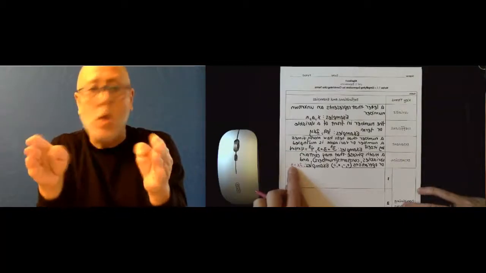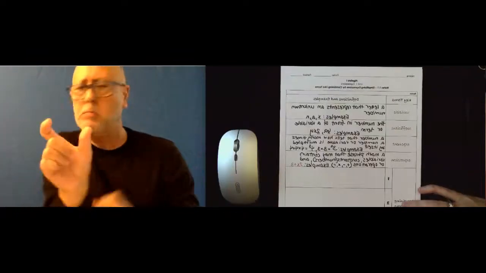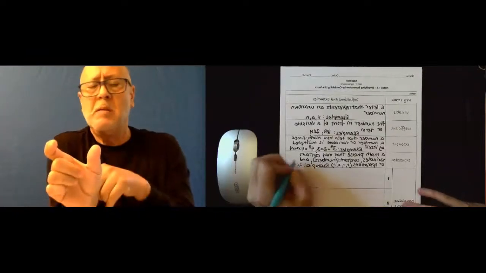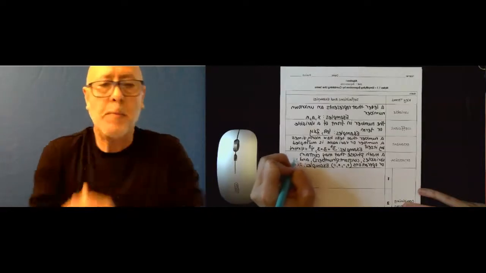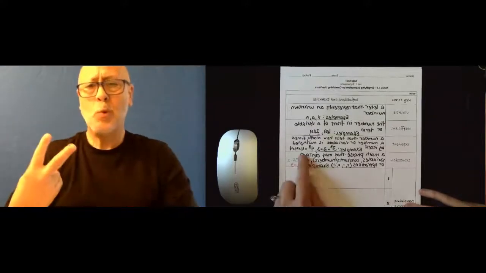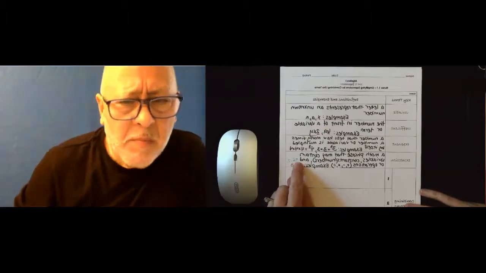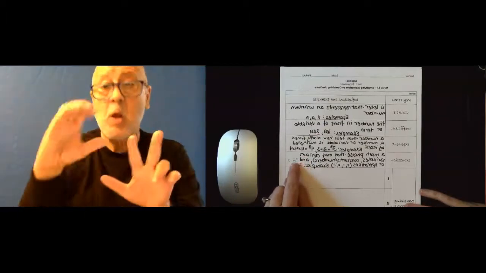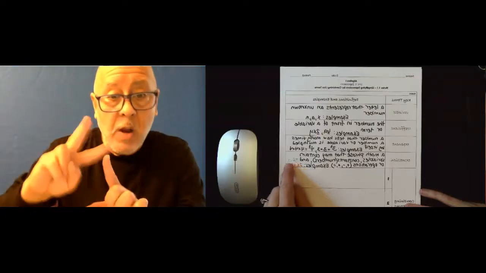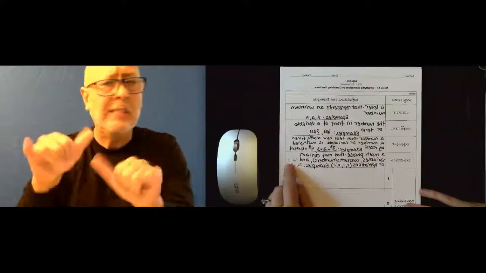There's no equal sign. I'll give one more example, and it doesn't always have to be x. It could be anything. So 3f minus 2. I still have a coefficient, a variable, an operation, and a constant. 3f minus 2, it's still an expression, not an equation.